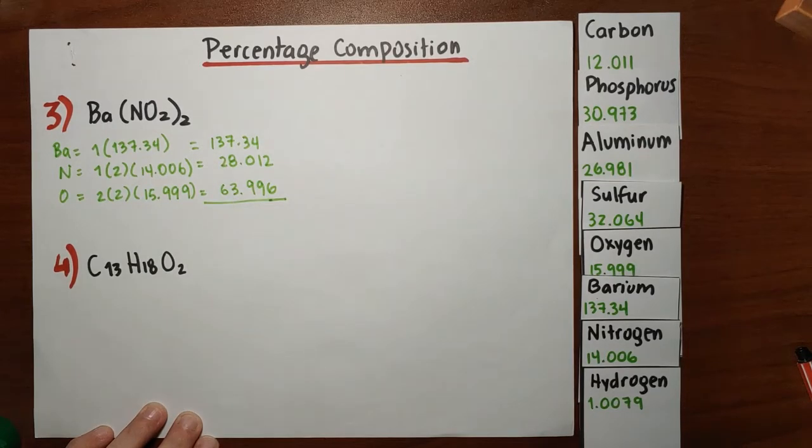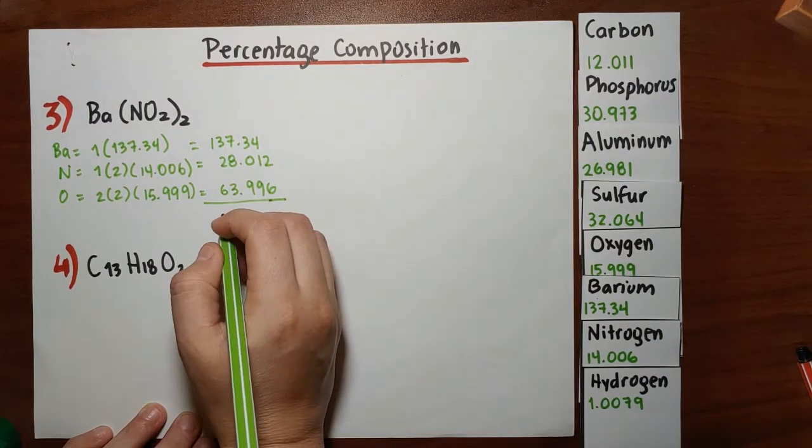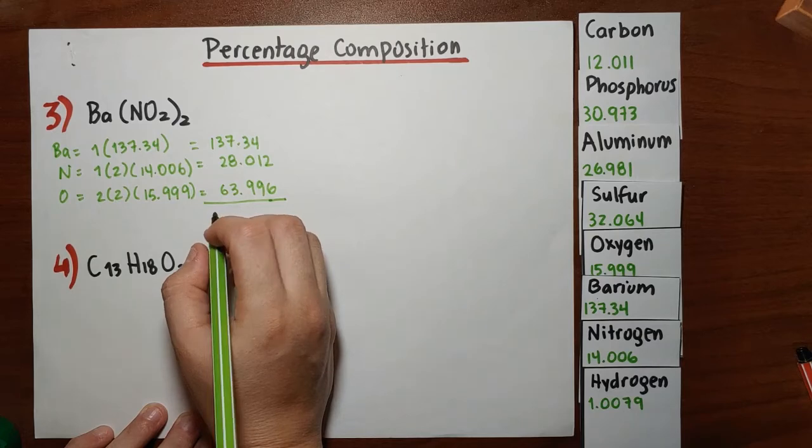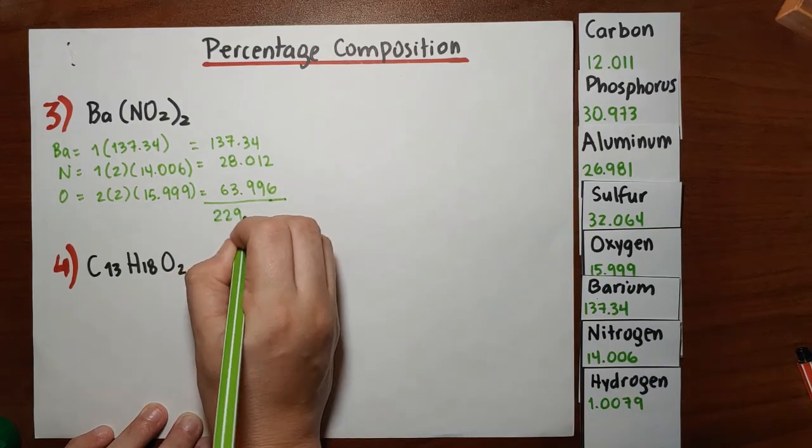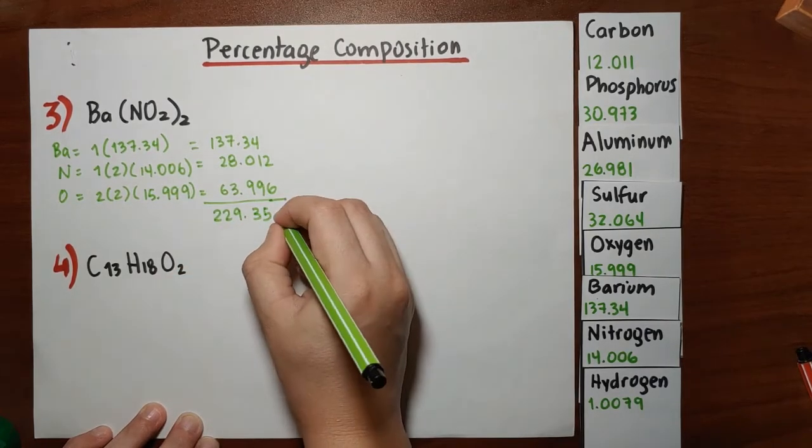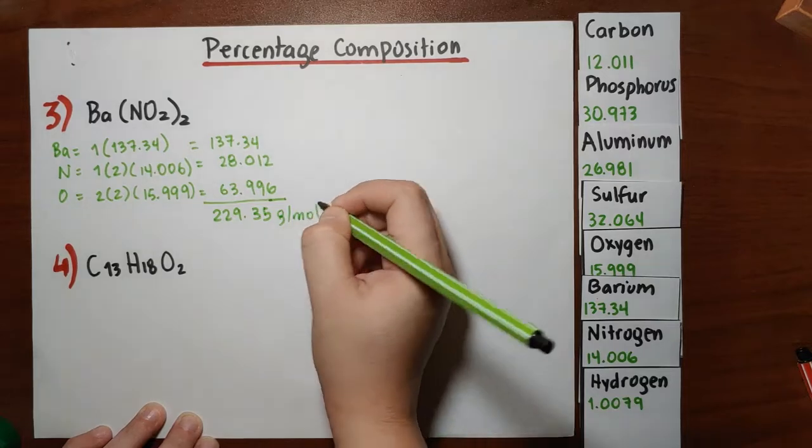Okay, so I got these results. Now I'm going to add them all. So I get 229.35 grams per mole. This is rounded.